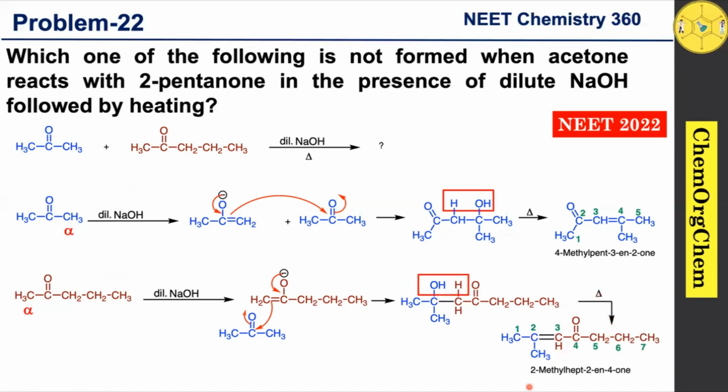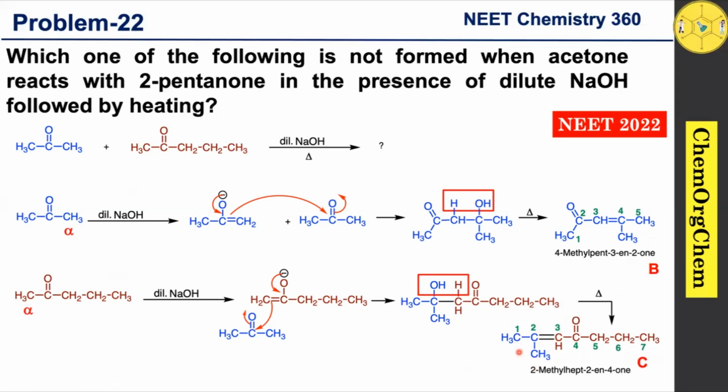The name of the compound is 2-methyl hept-2-en-4-one. This is a 7 carbon chain. The fourth position has the ketone, the third position has the alkene, and the second position has the methyl. We can name this compound B, and this compound C.